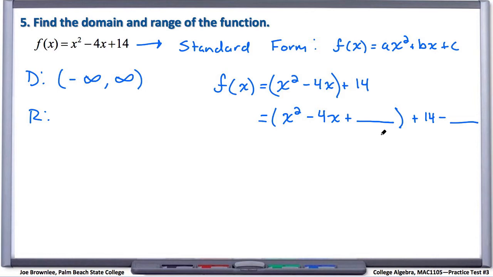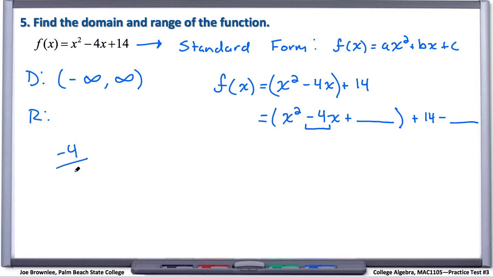In this case, when we complete the square, we're going to be adding some number inside, and whatever number we add to the inside, we have to subtract from the outside. So I like to rewrite my expression here on the right-hand side one more time, including these blank lines so that I don't forget what I'm doing. When we complete the square, we take half the middle term and square it.